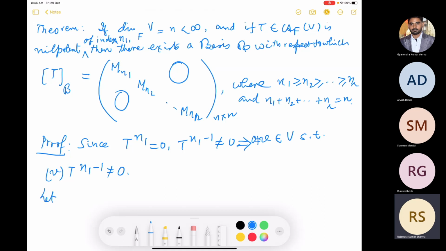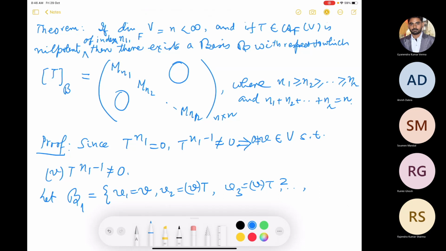Now you can take a B1, let us say, with v1 as v itself, v2 as vT, v3 as vT squared, and so on, v_n1 as vT^(n1 minus 1). Now none of them is 0, each v_i is not 0.